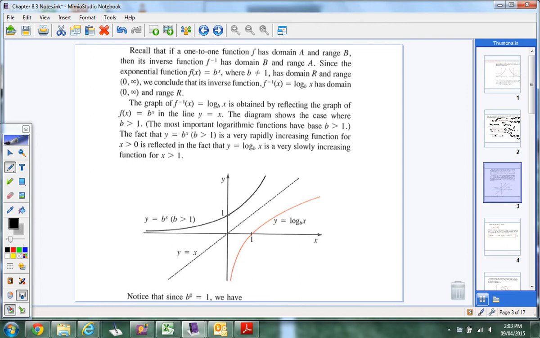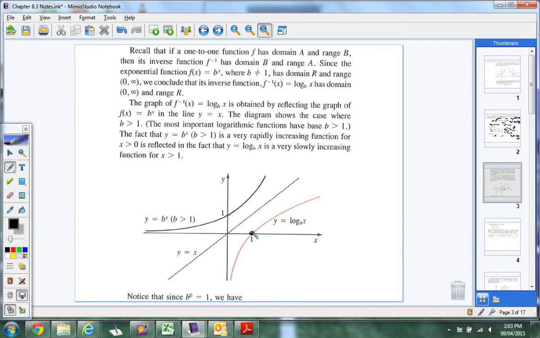Just knowing that in terms of how they're growing, but you can always test stuff. Why does this make sense for a log? At 1, you get 0. Why does that make sense? Other way: if you put something to the power of 0, you get 1.